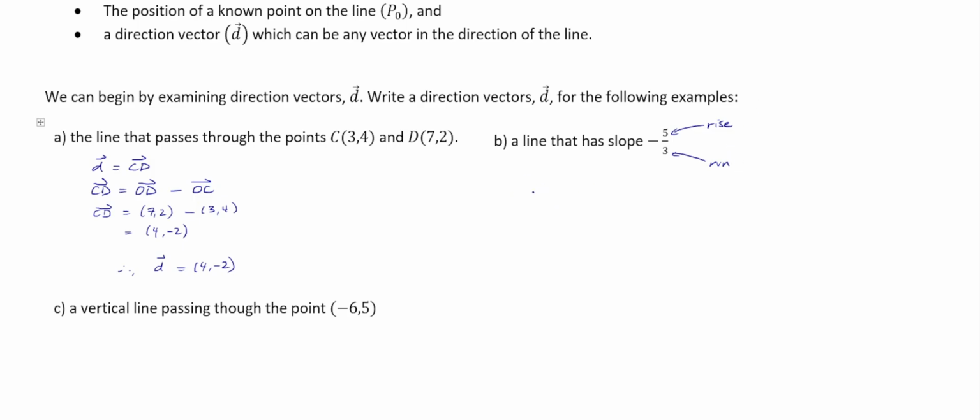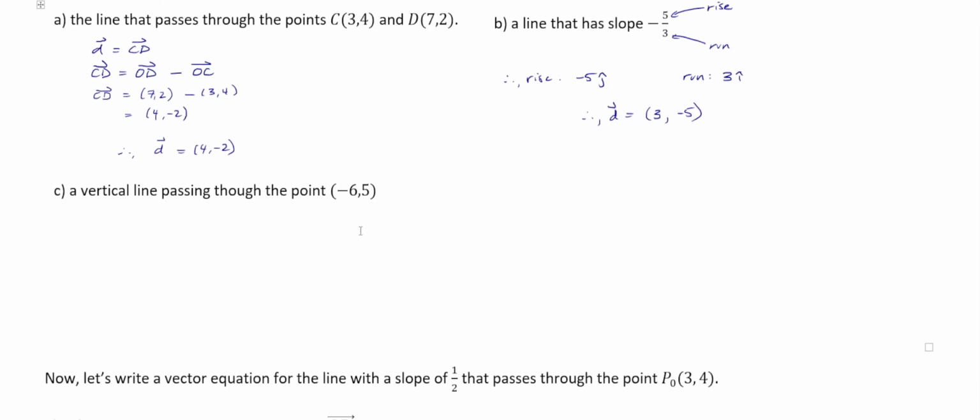This means the rise is essentially just -5 times the unit vector in the y direction, and the run is just 3 times the unit vector in the x direction. So I have the x component and the y component of this direction vector. Therefore, the direction vector is simply 3, the x component, and -5, the y component.